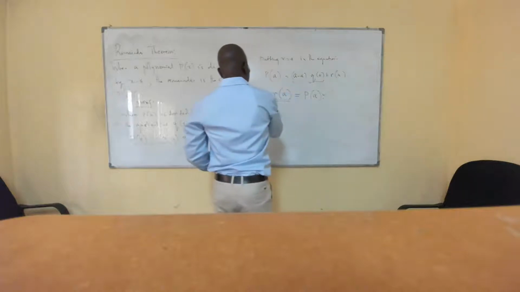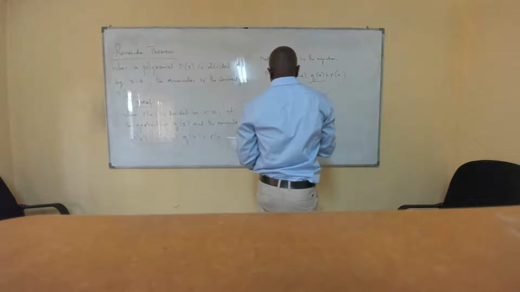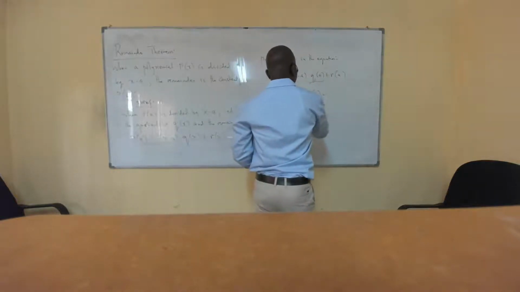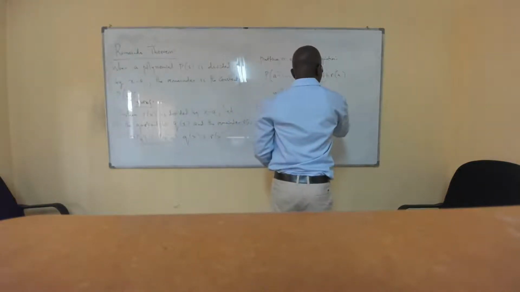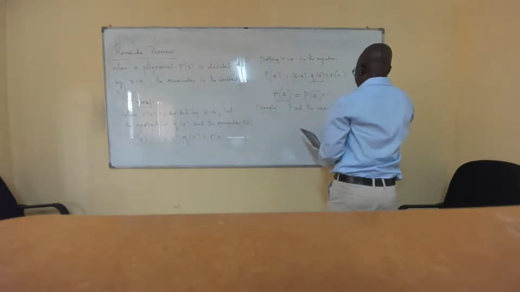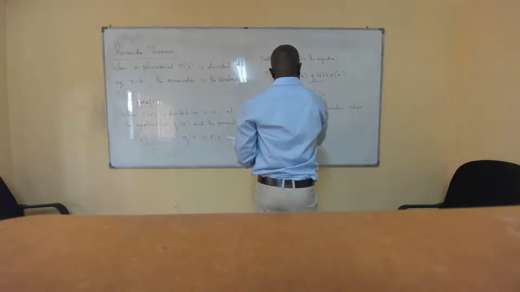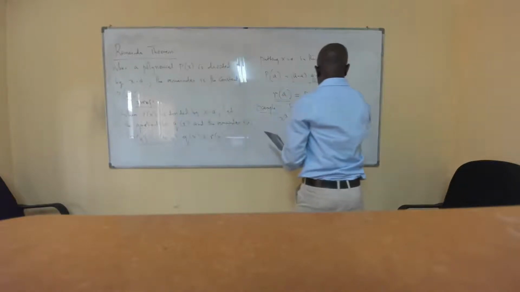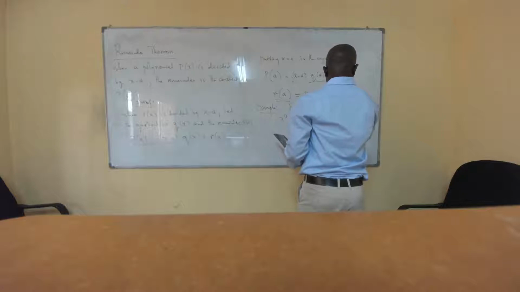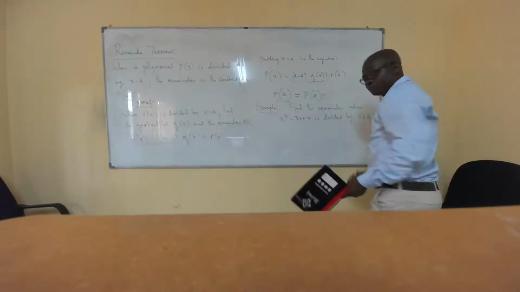So let's look at examples. Example: find the remainder when x to the power 3 minus 3x plus 4 is divided by x plus 3.